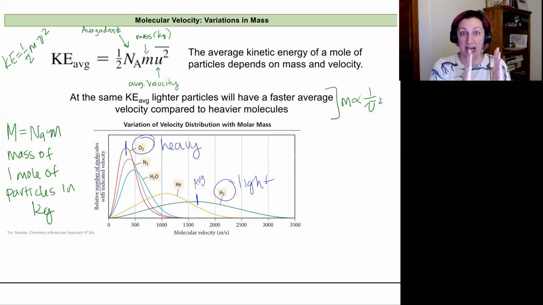It's a smaller range, and more of the particles will be at that average velocity as well, but it will be slower. So this is kind of a long-winded way of saying heavy molecules are slower than lighter molecules. But it really comes down to the amount of kinetic energy they have on average.